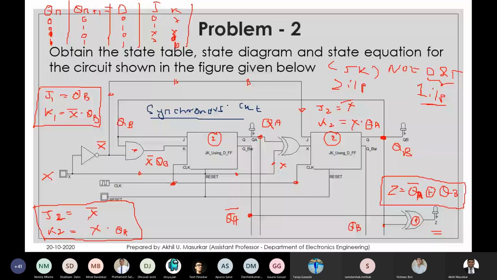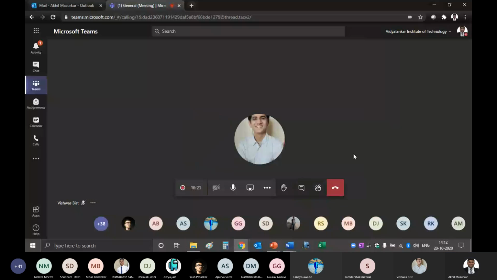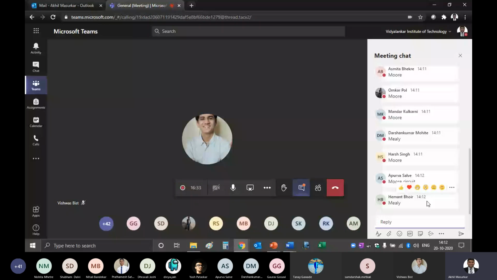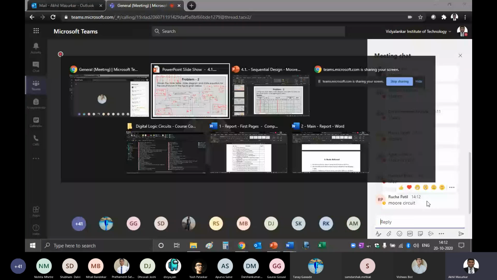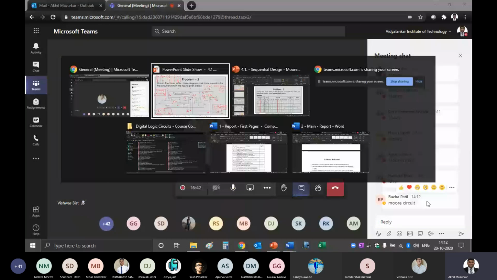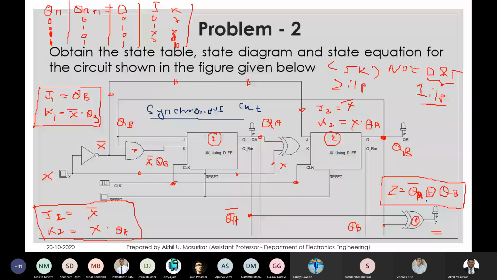Okay. So many of you have said Moore circuit, but Hemant and Darshan have said Mealy. Darshan, can you unmute and tell us why? Darshan, why do you feel it is a Mealy circuit?